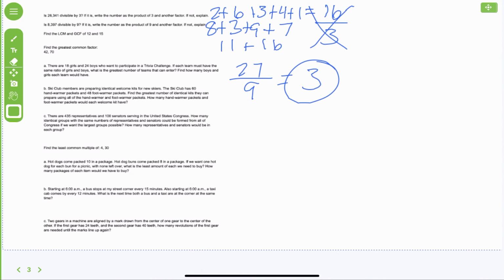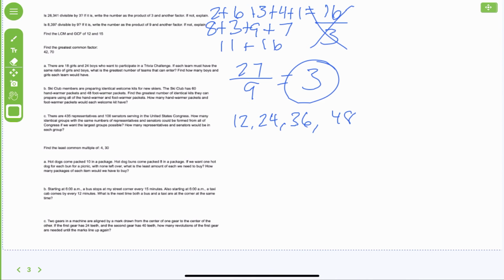Now, this says find the least common multiple and the GCF for 12 and 15. Least common multiple means to multiply. So 12 times 1 is 12. 12 times 2 is 24. 36.